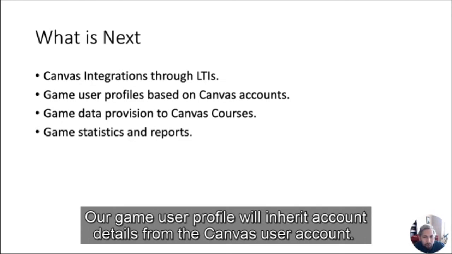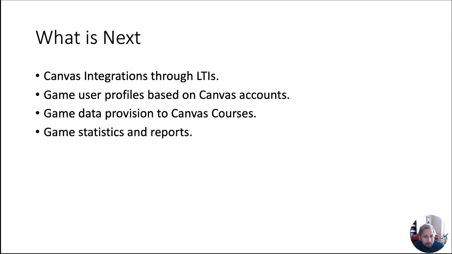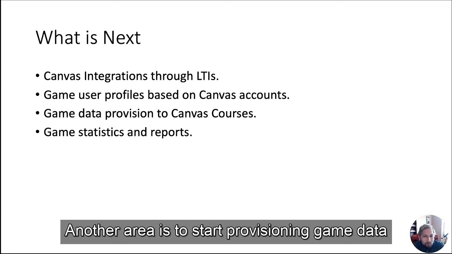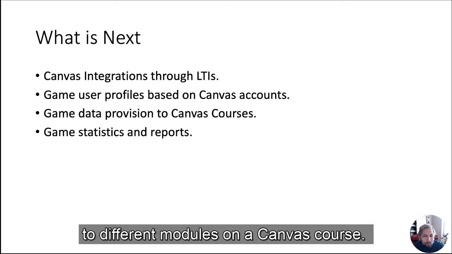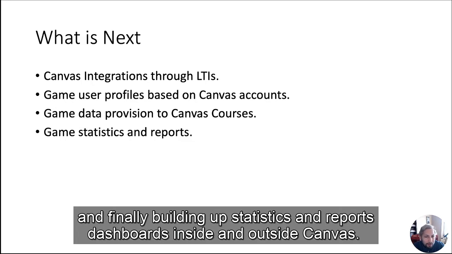Our game user profile will inherit account details from the Canvas user account. Another area is to start provisioning game data to different modules on a Canvas course. And finally, building up statistics and reports, dashboards inside and outside Canvas.